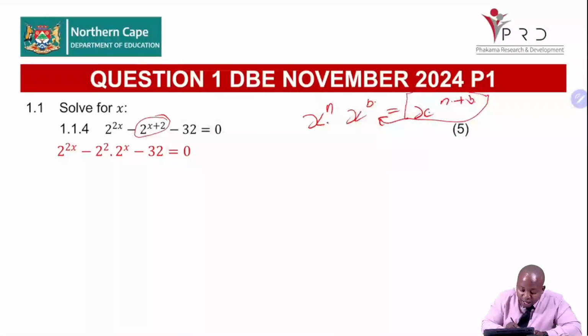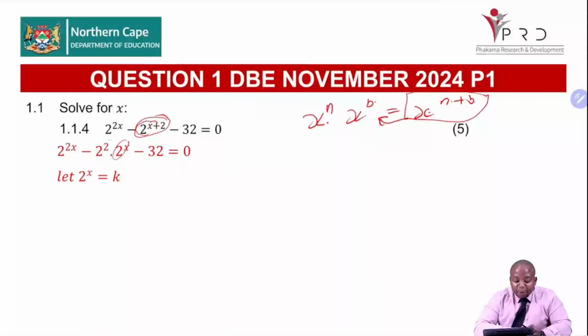So what I do here, I will say 2 to the power x, that is the first one, and I have 2 to the power 2 in that case, minus 32, right? Then as I proceed, I am going to let my 2 to the power x become k. I can see that I'm having a complex equation to work with, so the best thing to do, as I'm having my x as an exponent, is to apply the k method.